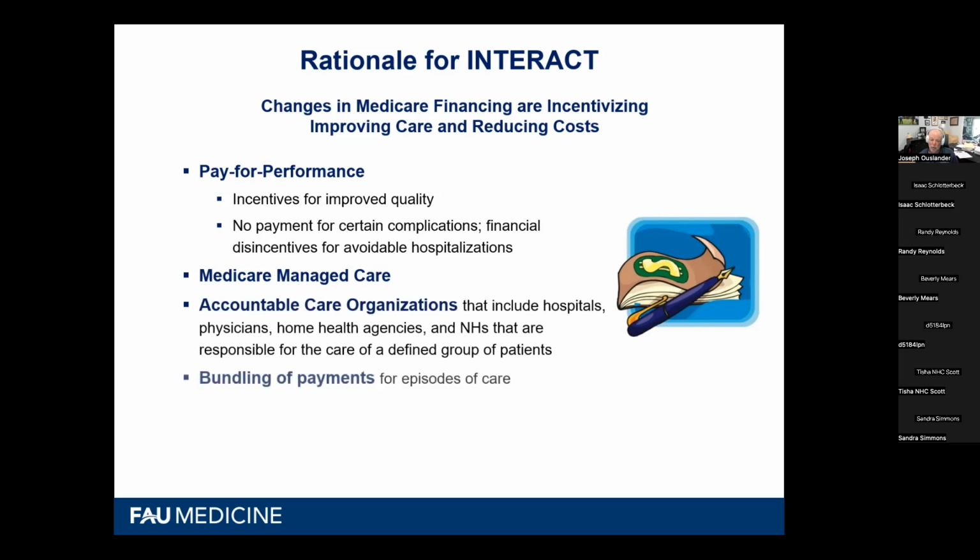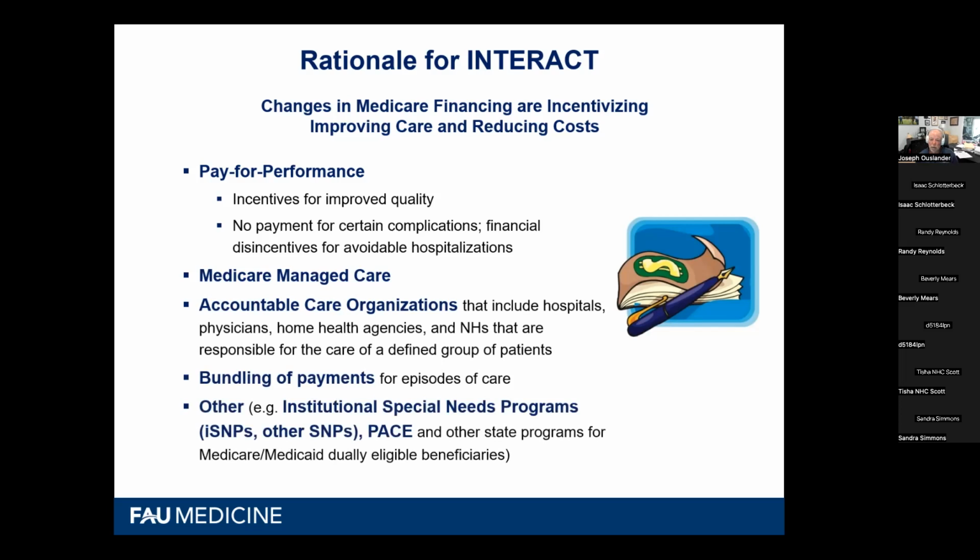Accountable care organizations, bundling of payments, and other programs. I work for an ISNP, an institutional needs program. It is kind of a version 2 of the Evercare program, or version 3 of the Evercare program from United Health or Optum and PACE programs. So there's going to be an evolution of value-based care over time.